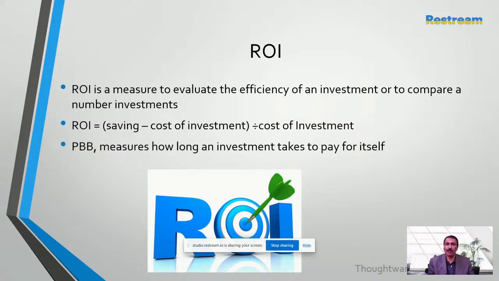And there is one more measure we use, called PBP, payback period. It measures how long an investment takes to pay for itself. Maybe if I assume you are getting 25% every year, then the investment could be recovered within 4 years.